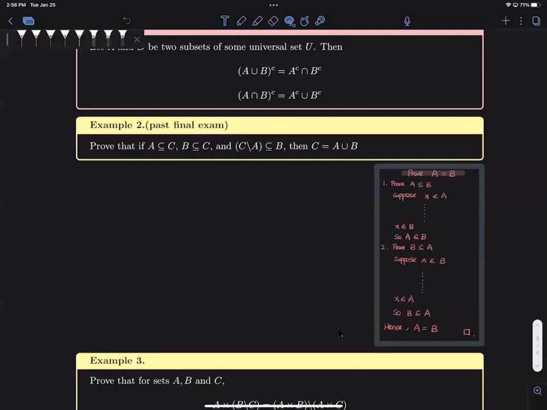Okay, so how do I do this? What's my first step, guys? Double inclusion. So let's do the first direction. Let's do C is a subset of A union B. Now let X be an element of C. What do I do next?